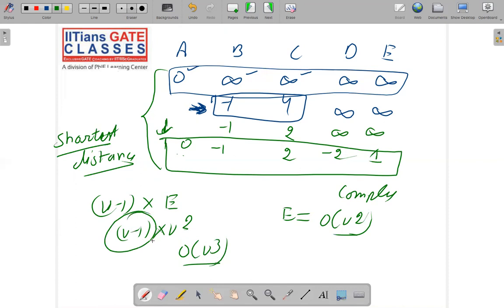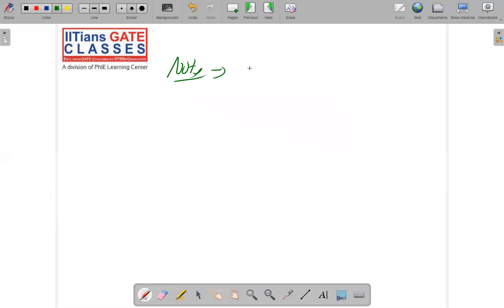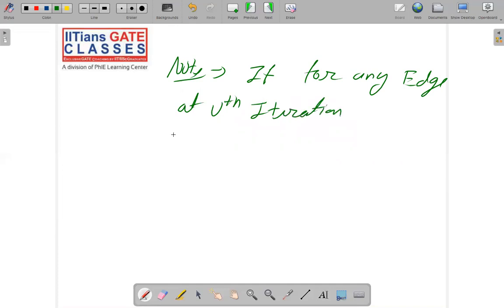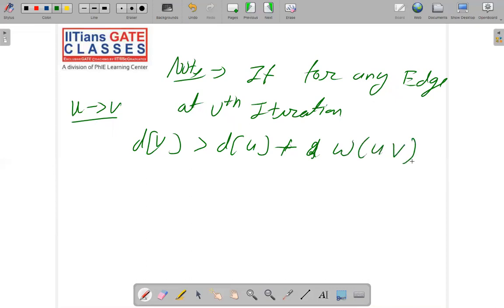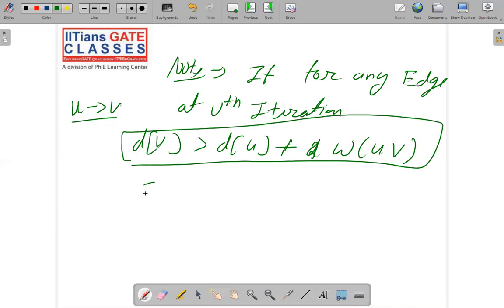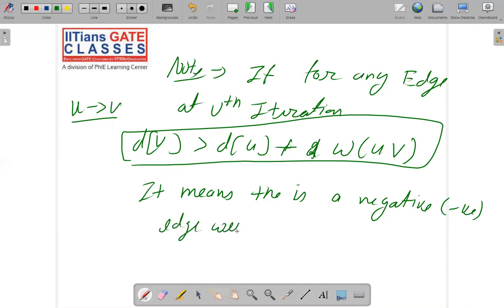So remember this, note that if, for any edge u to v, at the vth iteration, this condition is satisfied, d of u plus w of uv, it means that there is a negative edge weight cycle.